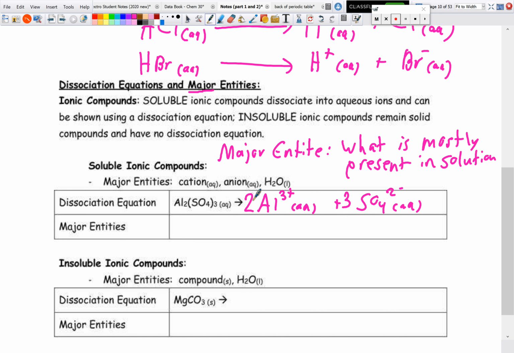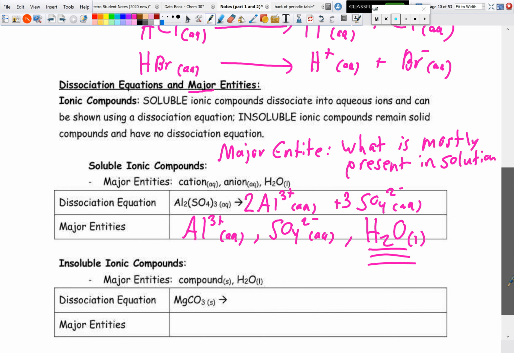This whole thing broke apart, so what we have in solution is nothing but aluminum ions, sulfate ions, and water. If we had a beaker in which we dissolved aluminum sulfate, what would be inside that beaker? The majority of things in there are aluminum ions, sulfate ions, and of course water. Water is going to be a major entity in all of our examples.